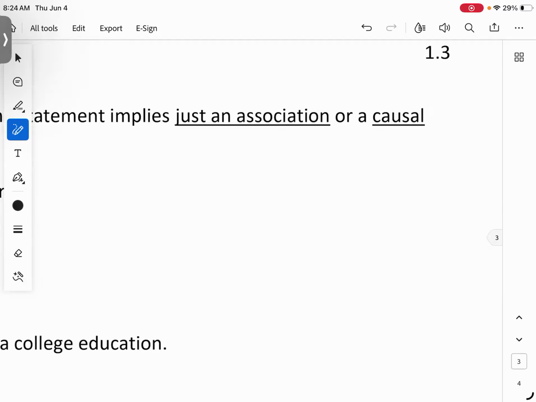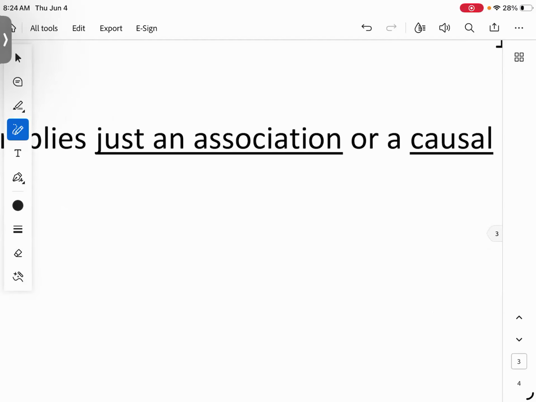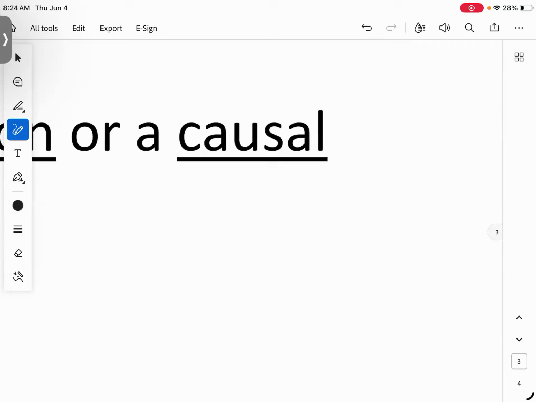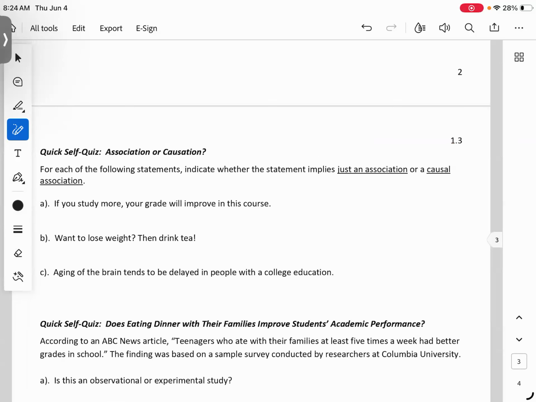It might have been observational, might have been experimental, but whether the language they're using seems to be the softer, hey, these two things maybe are related to each other, which is just an association, or are they using more aggressive language, like, hey, if you do this, then this other thing will happen, the more cause and effect, causal association. So it's either going to be just association or causal association. So really just like a multiple choice.